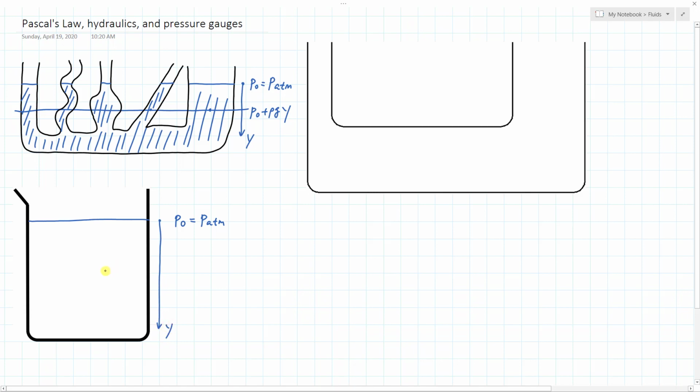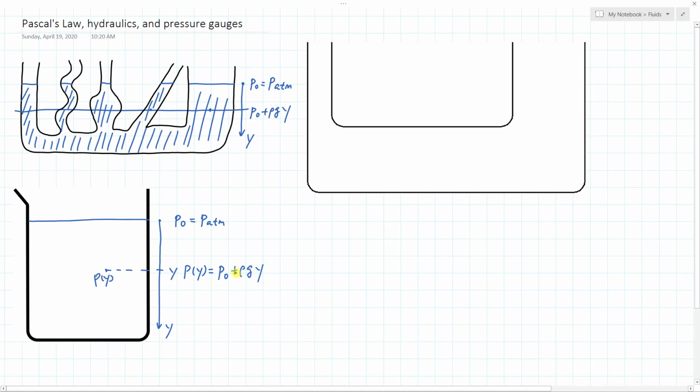Y comes down. So an arbitrary depth here with an axis y here, we have pressure Py at this point, and Py is equal to P0 plus rho gy.